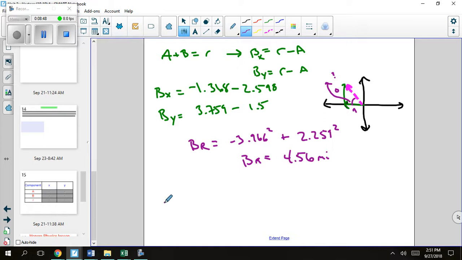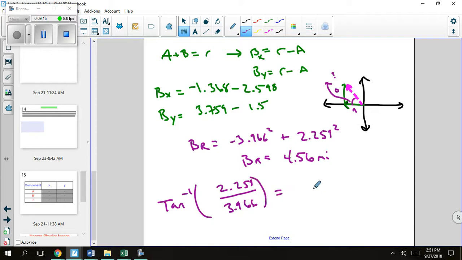So we can use our inverse tangent of our Y side, which is, what was the Y side again? 2.259 divided by 3.966.